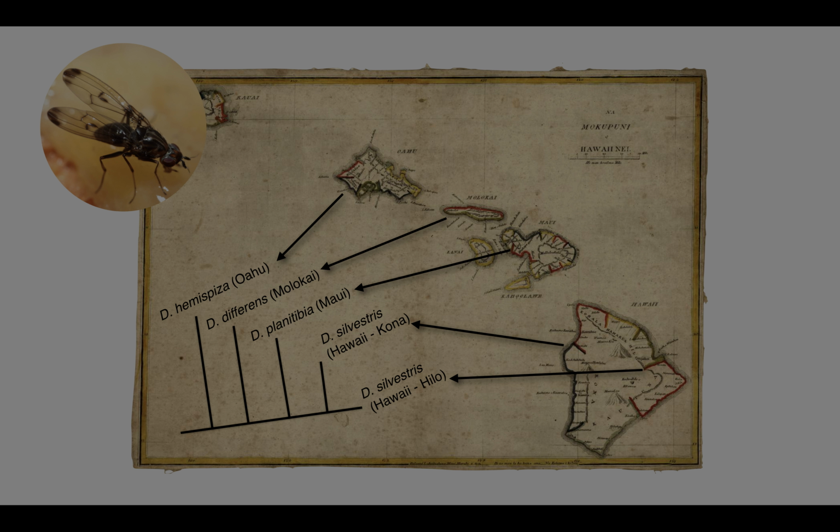Different genetic mutations arise in different populations, and over time those mutations could cause two populations to become distinct enough to become new species. Or you could have islands with different environments and ecologies, which causes divergent or disruptive selection, and that can cause reproductive isolation between those species.